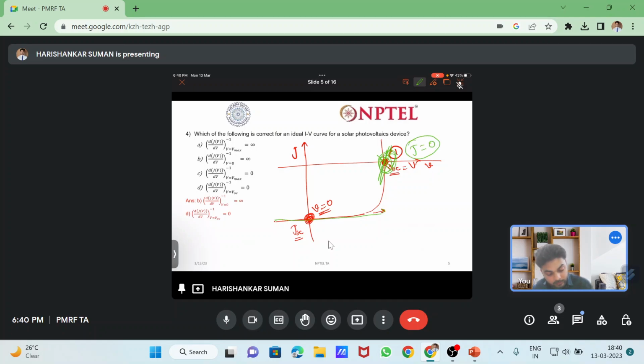We have to take the derivative; zero at v equal to VOC. What do we get? Zero. The derivative is 0.